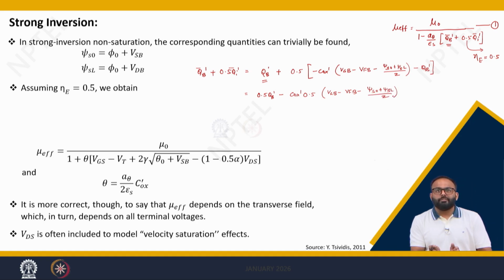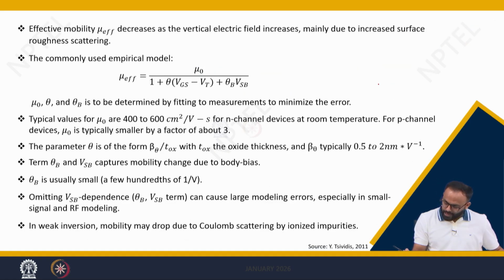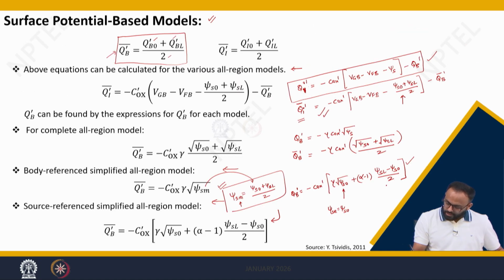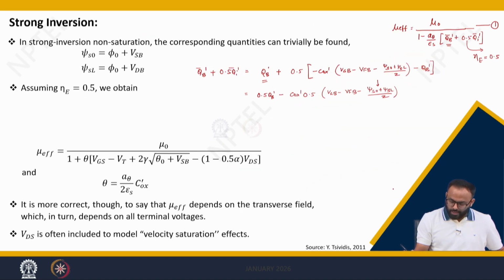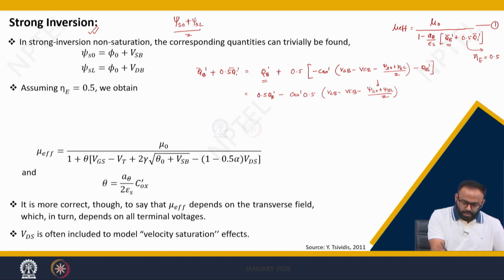As we are deriving the equation in terms of terminal voltages, let us solve this parameter, and there is another parameter that will come as this. So what will this value be? We are considering the strong inversion case where psi s 0 plus psi s L by 2 can be written as phi naught plus VSB plus phi naught plus VDB divided by 2.